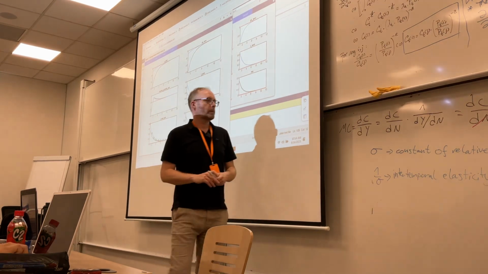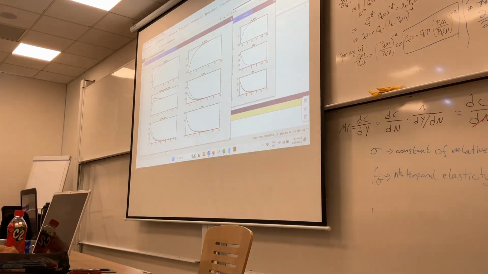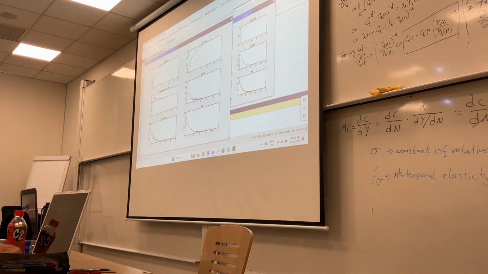And if something is more elastic, right? Do you know what elasticity means? Something that you can pull and stretch is elastic, like a rubber band. So the elasticity of substitution is how we're able to stretch and change things across time.